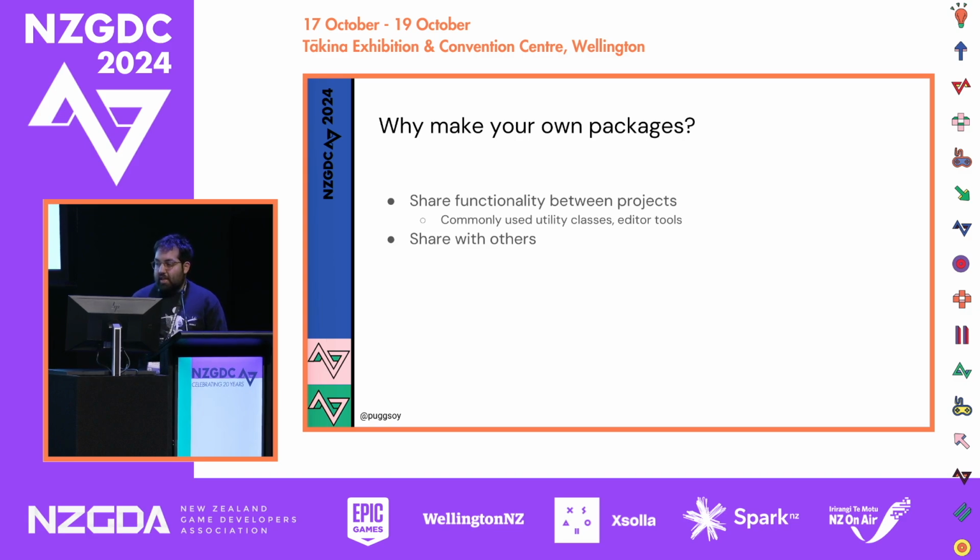Sharing it with other people as well. If you make something that you think is widely useful, or you're making a personal project and it's not that useful for your company, but other people can use this, you can put it on UPM.